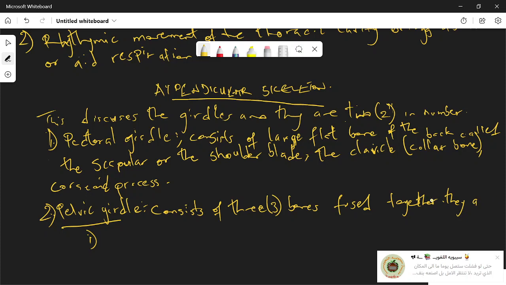They are: one, we have the anterior pubis. Two, we have the posterior ischium.